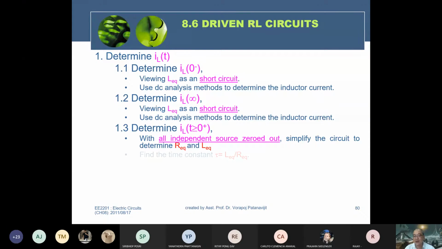Find the time constant, and you get the total response: IL equals I infinity plus I hat e to the power minus t divided by tau. I infinity, the inductor current at time infinity, you compute from step 2.